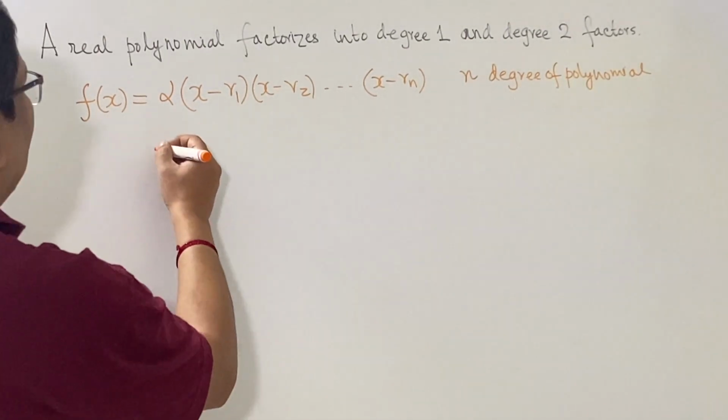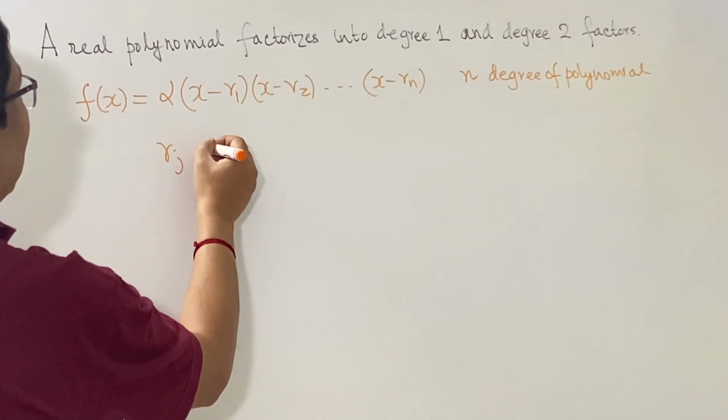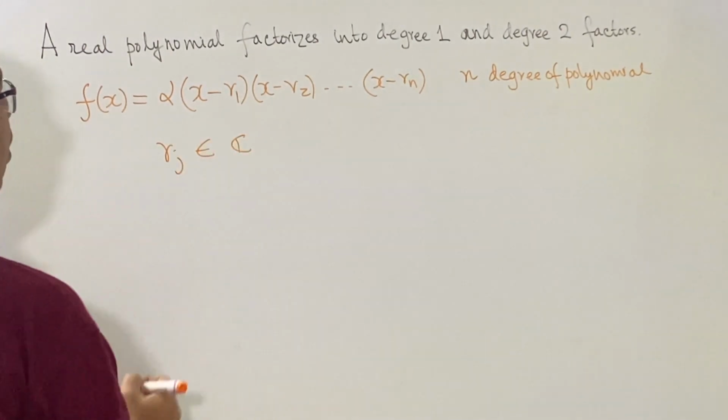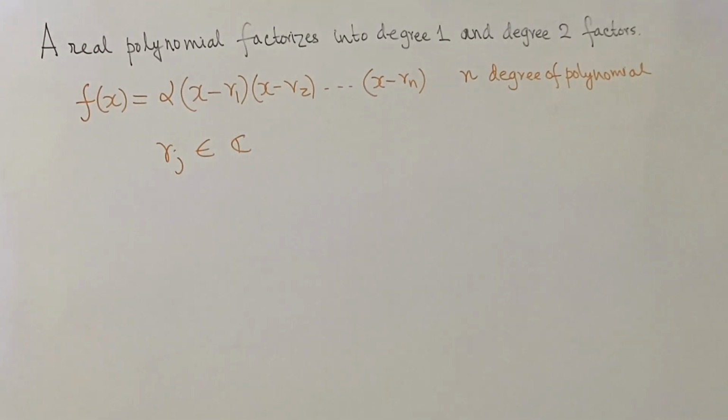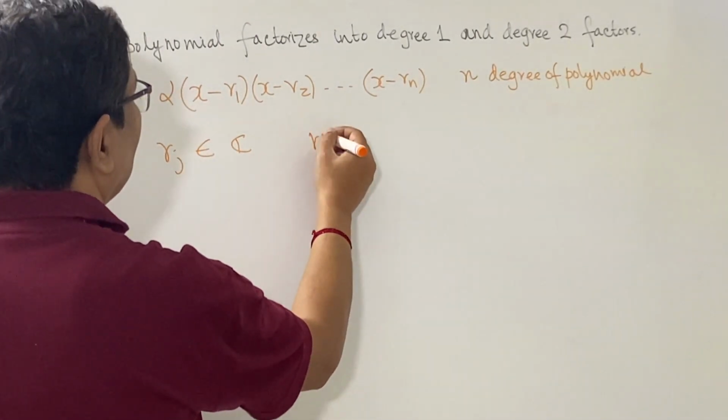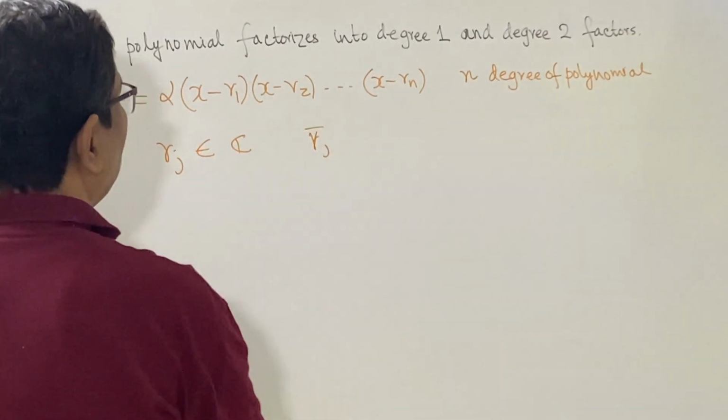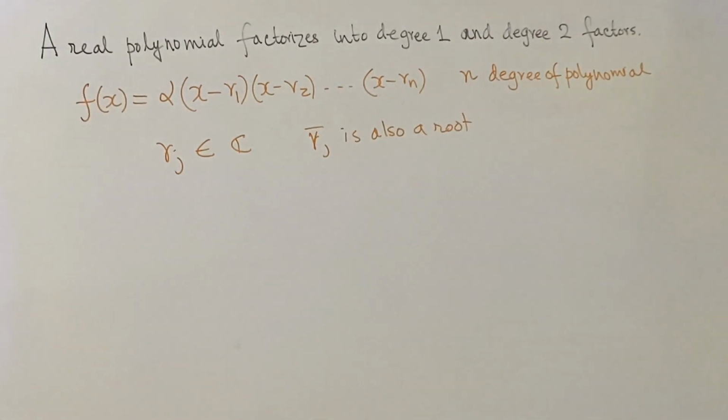Now if rj is complex, not real, more specifically, then we know that rj bar is also a root. So rj bar is also present as one of r1, r2, ..., rn. So if rj is a complex root, then rj conjugate is also another root of this polynomial.